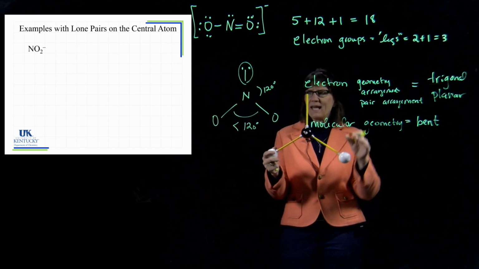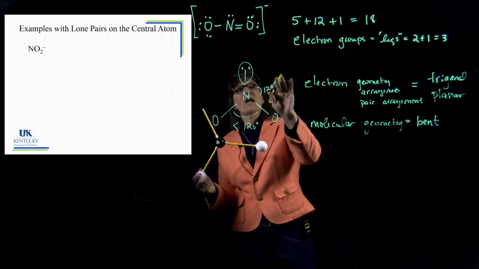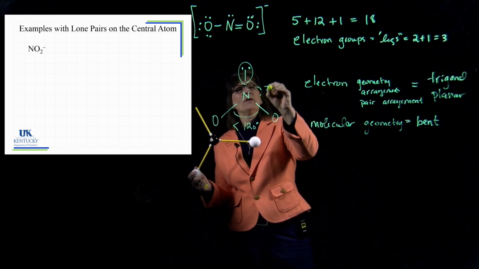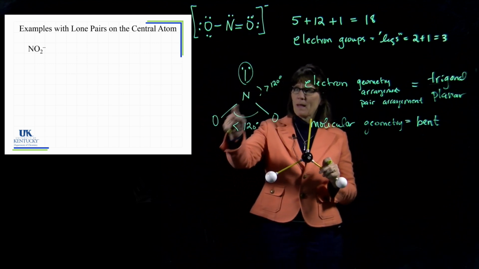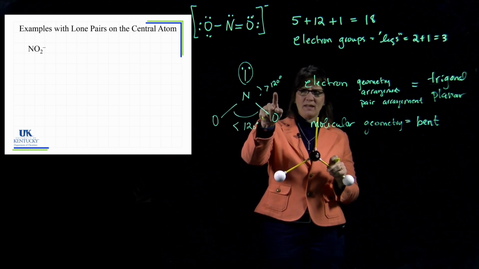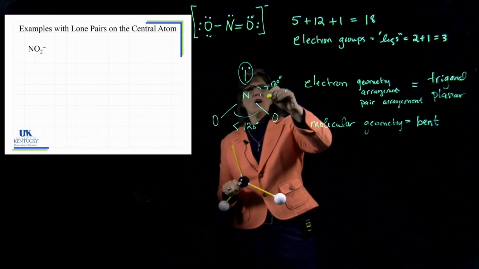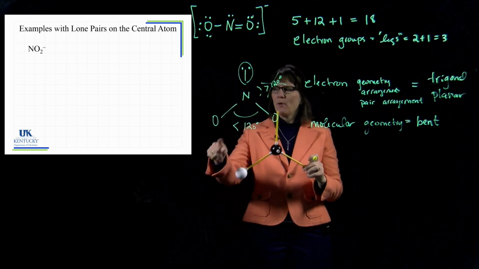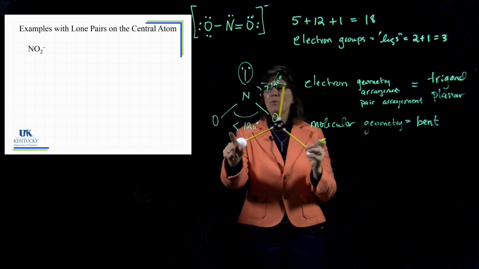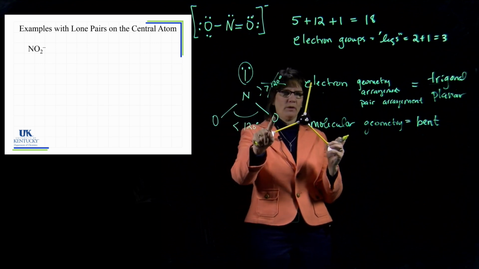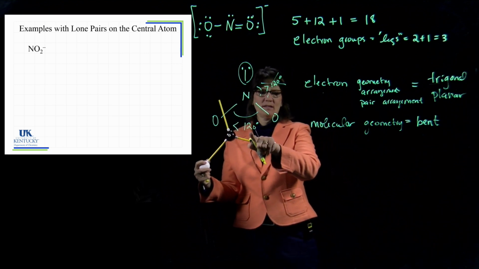A few degrees less, it pushes it in, and so the angle between the lone pair and the oxygen is now a little bit greater than 120 degrees. But when we talk about bond angles, we're talking about between atoms. We don't define this, so I won't ask you what's the bond angle between the lone pair and the oxygen. I will ask you the question, what's the bond angle between the atoms? And then you would say, well, it's based upon the trigonal plane. And the trigonal plane was 120, so this is going to be less than 120.